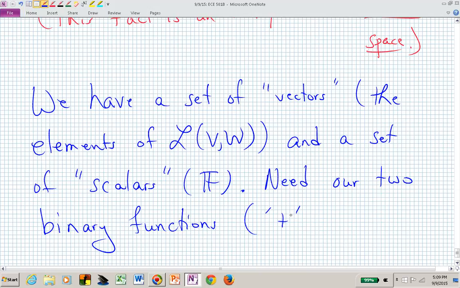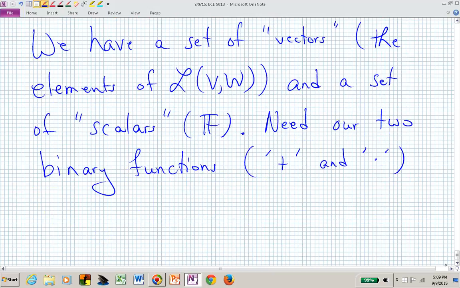We need a vector addition and a scalar multiplication with these vectors and scalars. So here is our vector addition, and this is our scalar multiplication.